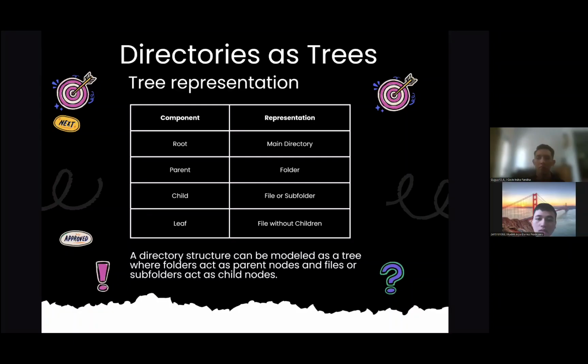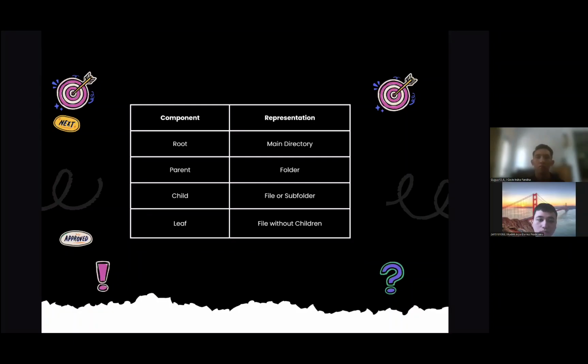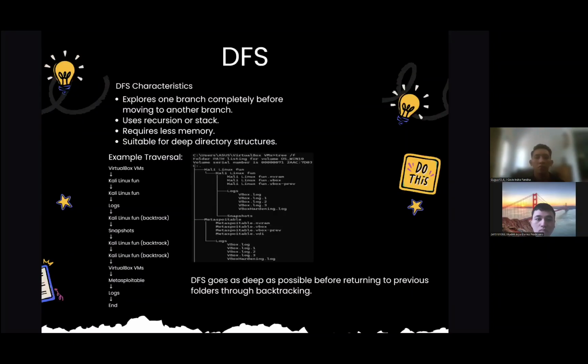Next, this is the characteristic of DFS. It explores one branch completely before moving to another branch. It uses recursion or a stack, requires less memory, and is suitable for deep directory structures.